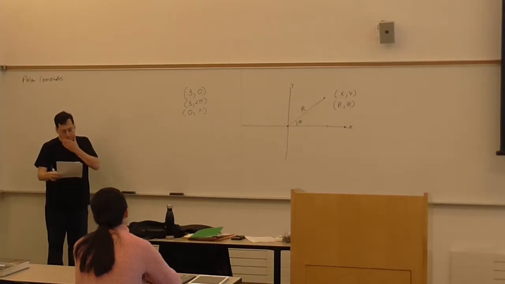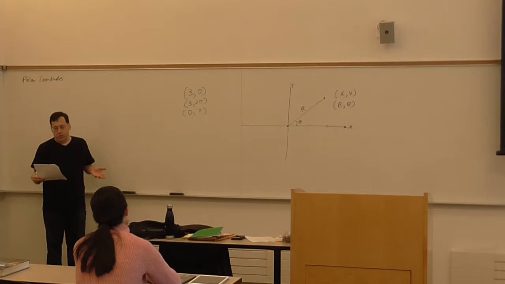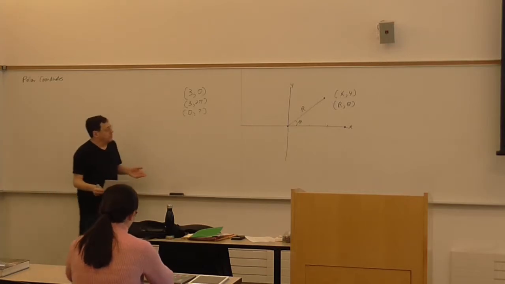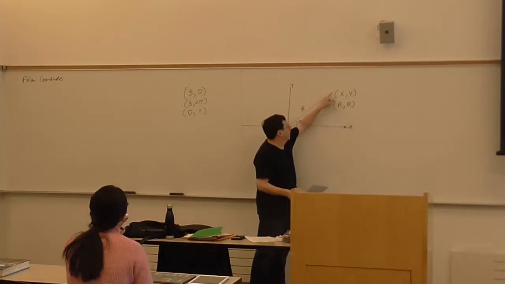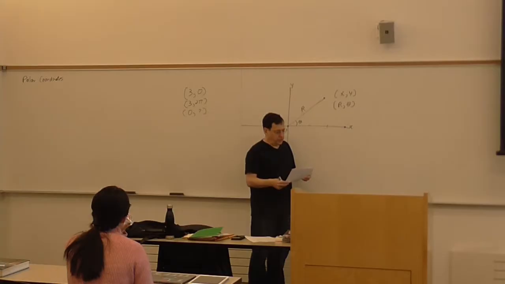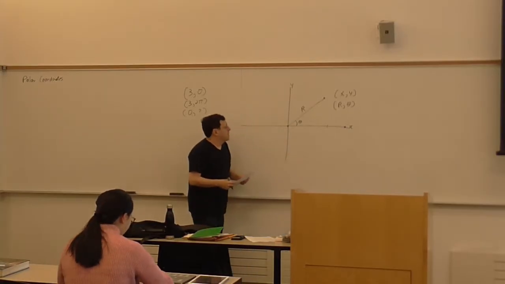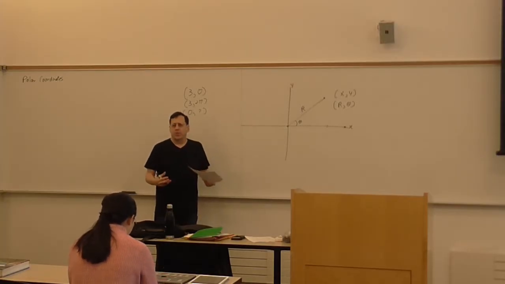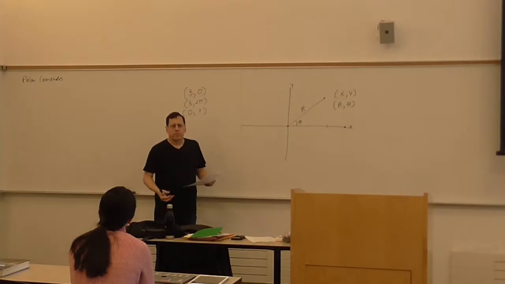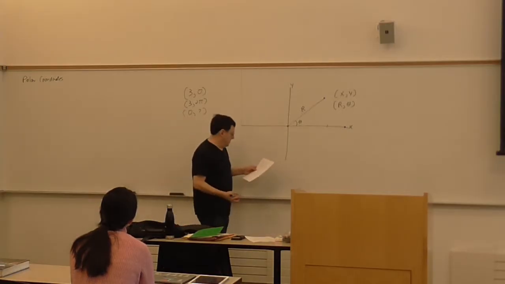Okay, so one of the things we need to be able to do is convert back and forth between polar and Cartesian coordinates. And this is not a big jump at this point because of all our background in trigonometry.